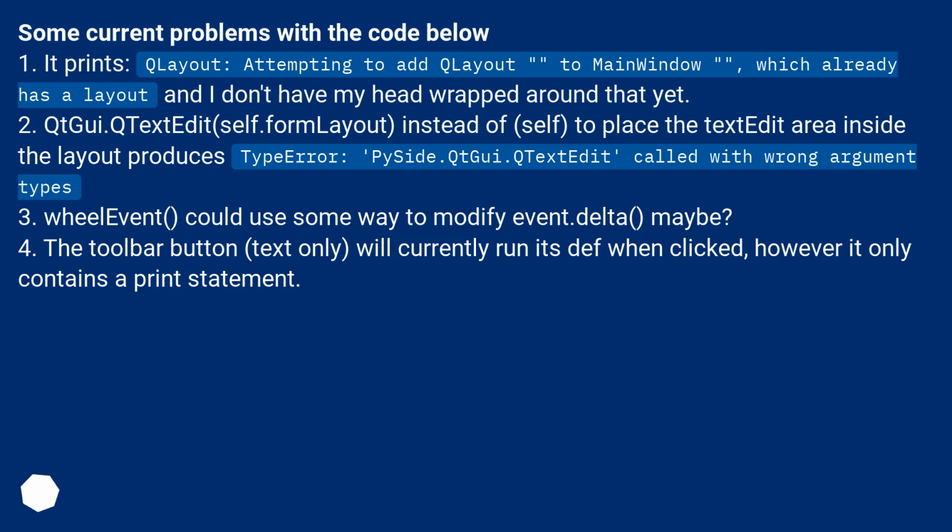3. We could use some way to modify event.delta, maybe. 4. The toolbar button, text only, will currently run its def when clicked, however it only contains a print statement.